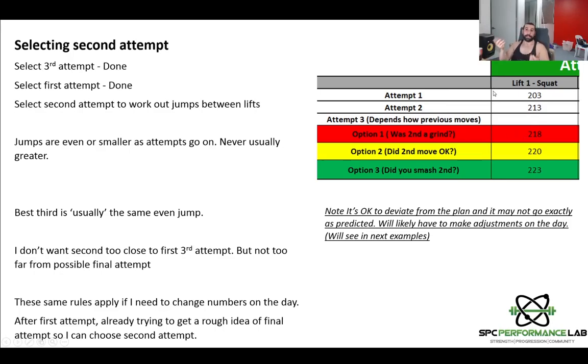Okay, it might go the other way around as well. They might do that first attempt and it just absolutely flew up. I might automatically think they're going to be further up, and I might adjust my second attempt. That's something that might happen on the day. And again, that's how I said that sometimes you may have to deviate from the plan on the day.